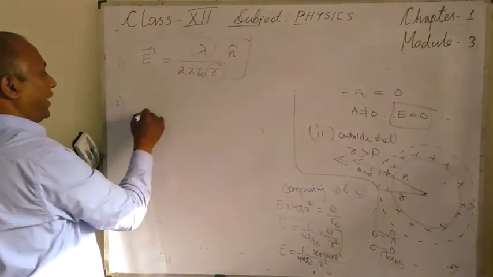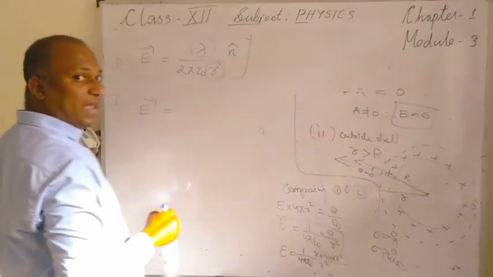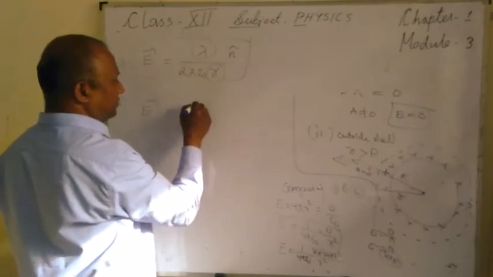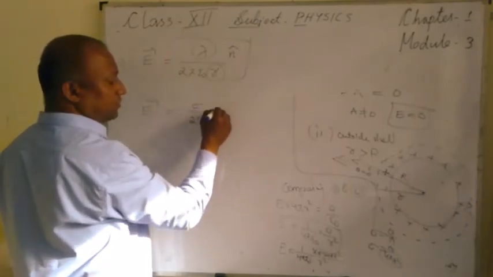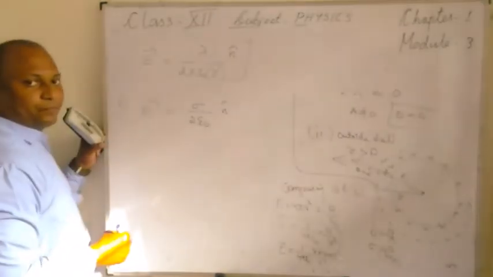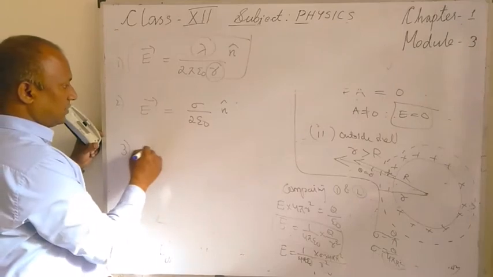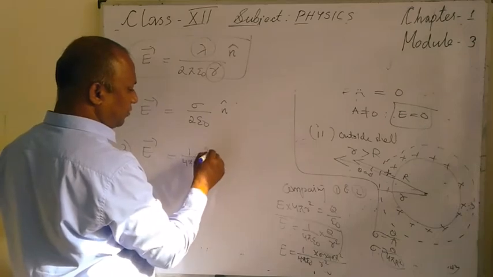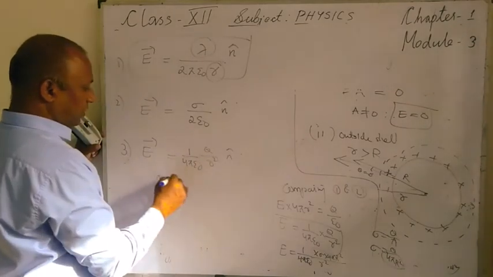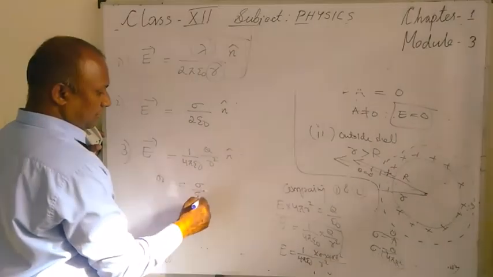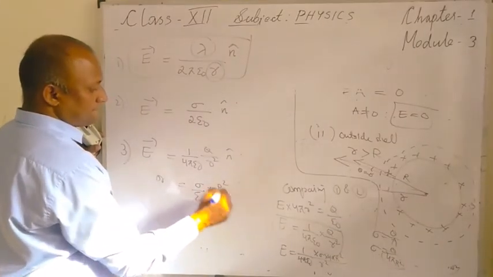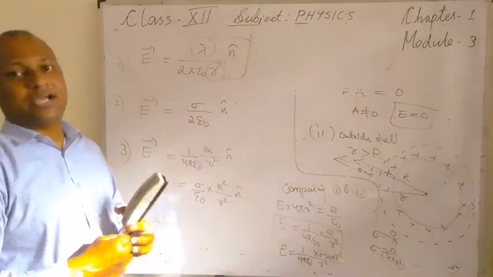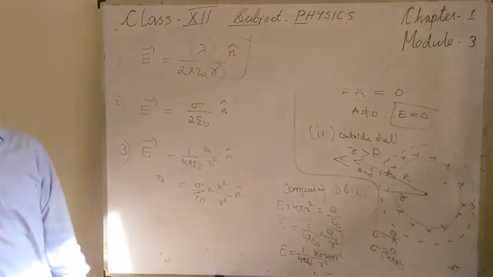And for an infinitely long, uniformly charged plane sheet, it was sigma upon 2 epsilon naught n cap. And for the spherical shell, you also have the same direction n cap, but the value is 1 upon 4 pi epsilon naught q upon r square n cap, or sigma upon epsilon naught R square upon r square n cap, in terms of charge density and in terms of the total charge on the spherical shell.